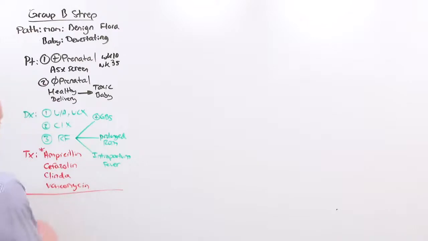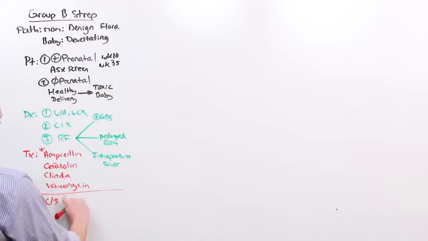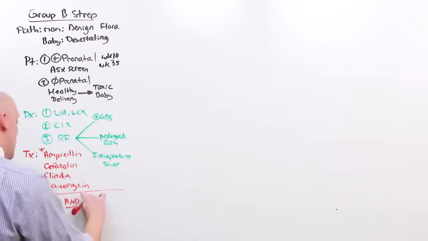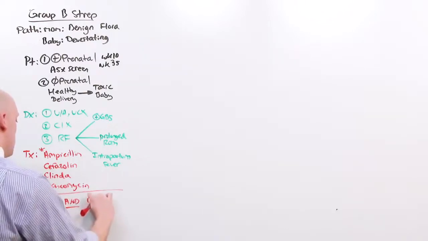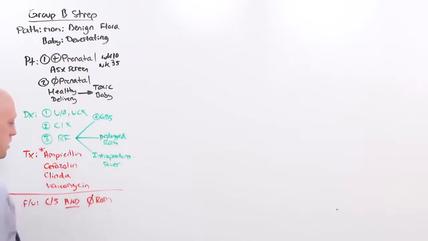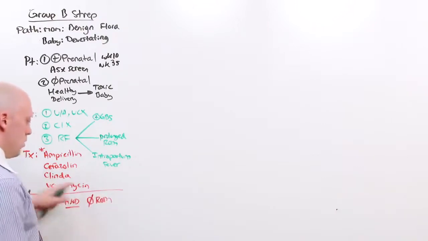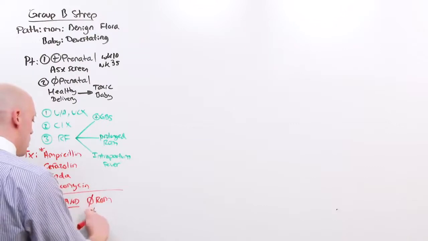The only person who does not need to get prophylactic antibiotics at the time of delivery is someone who is going to have a C-section and who has not had a rupture of membranes. That is, no rupture has started, no labor has started.